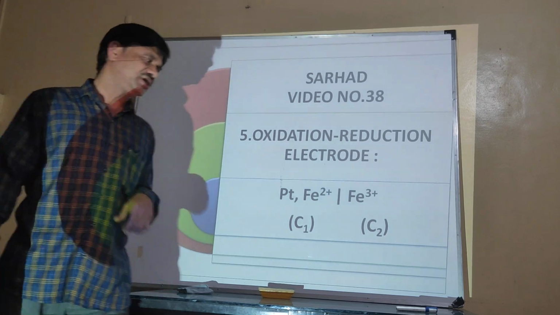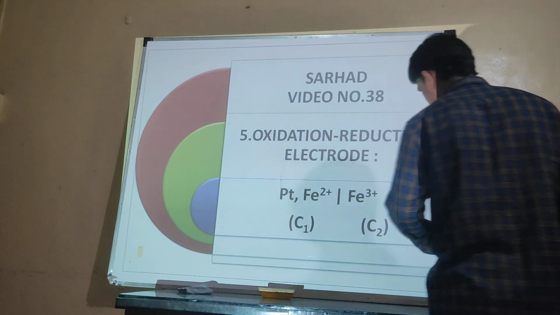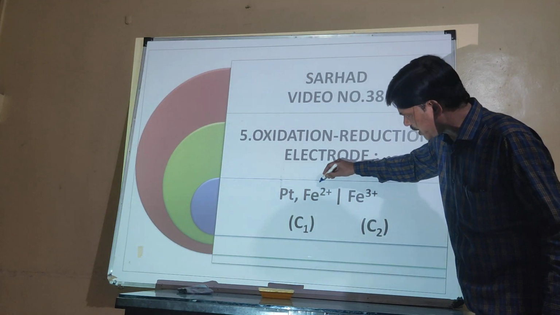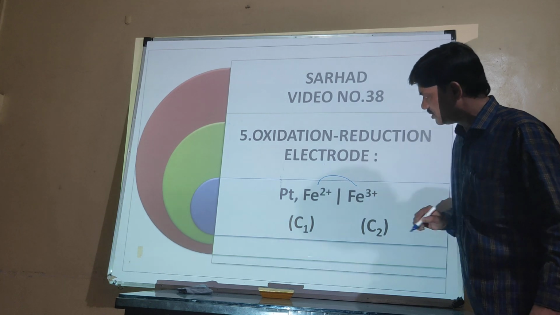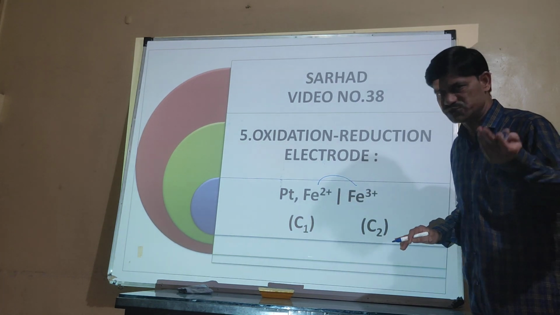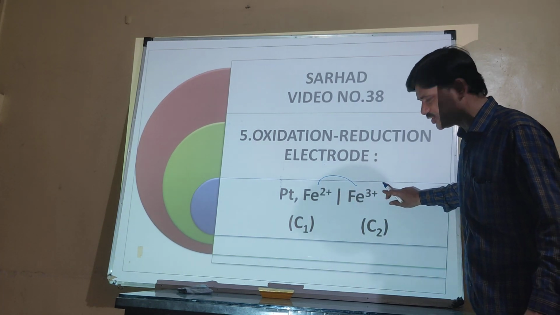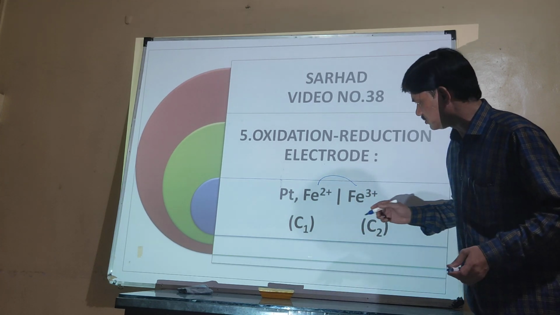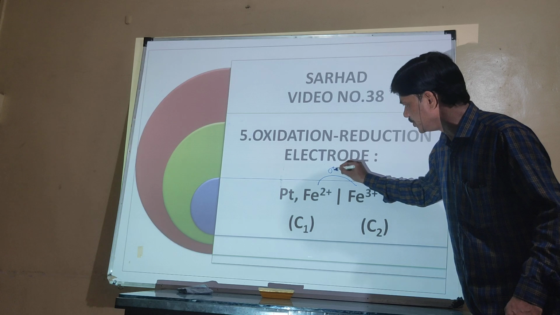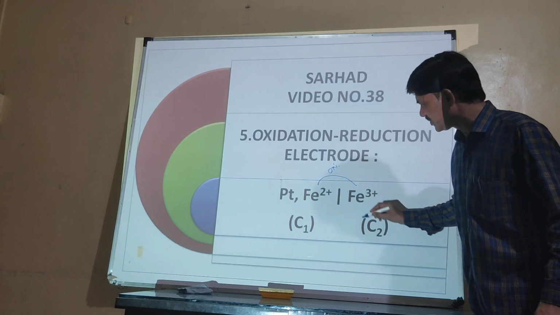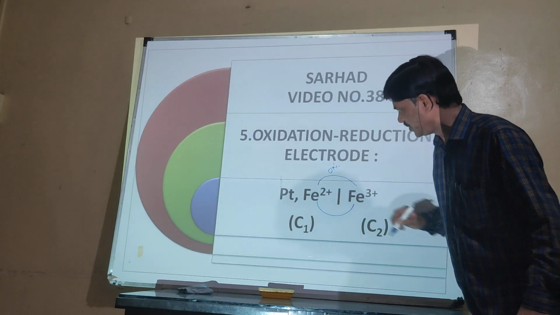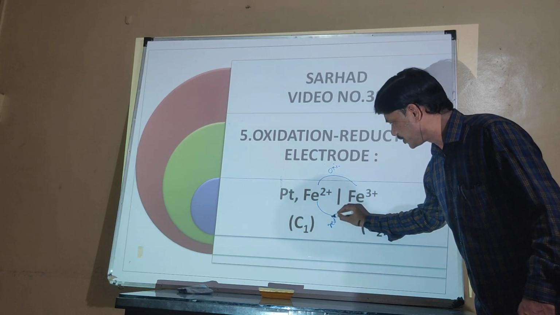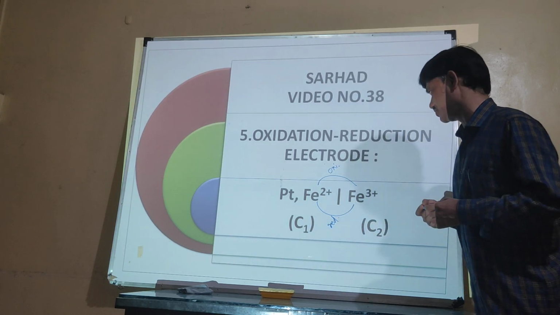Why use the words oxidation reduction electrode? In class 11, you already came across redox reactions. What does this indicate? Conversion of Fe+2, that is ferrous ion, into Fe+3, that is ferric, is accompanied by loss of electron, and that loss is called oxidation. What about the reverse? Ferric ion converted into ferrous is accompanied by gain of electron, and that gain of electron is called reduction.